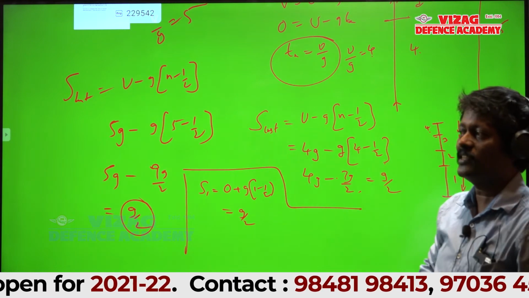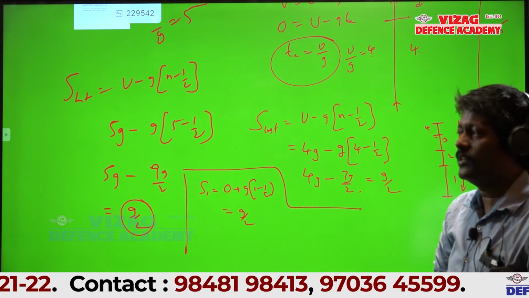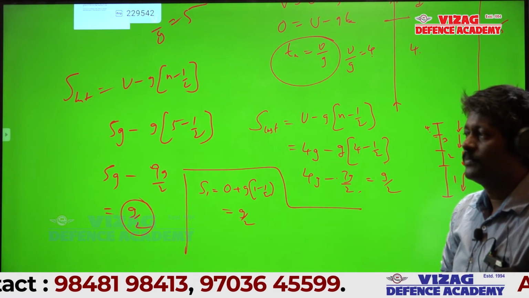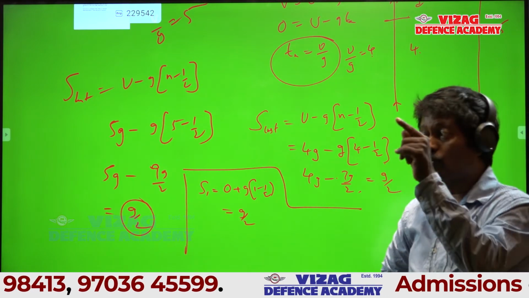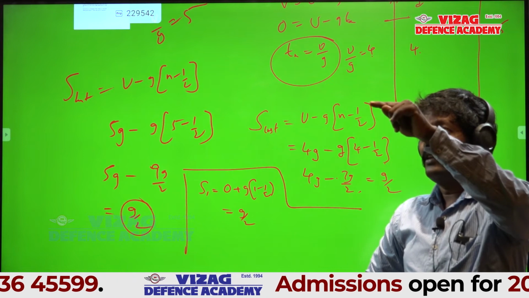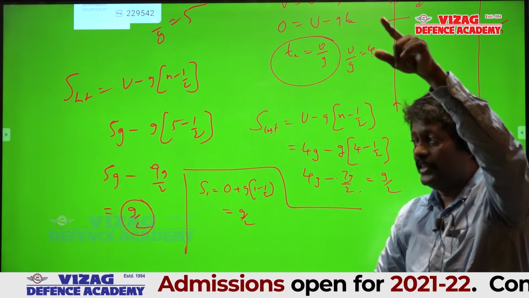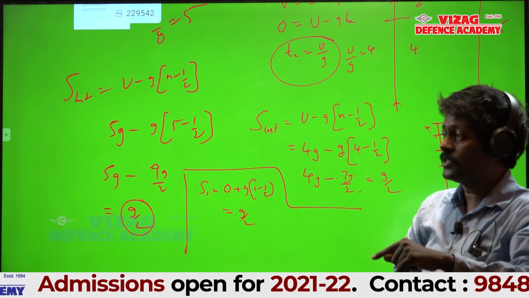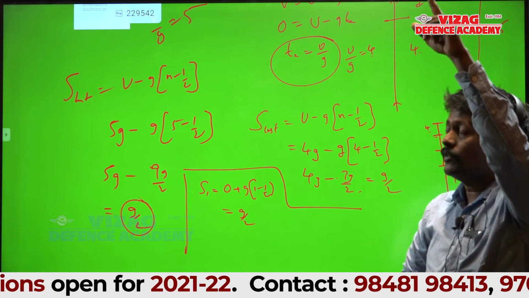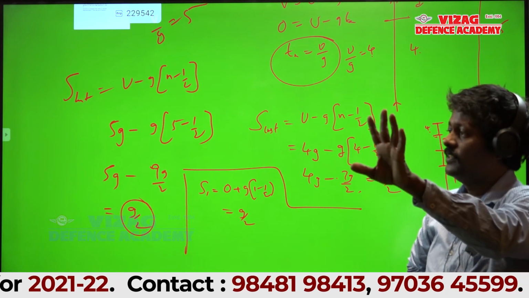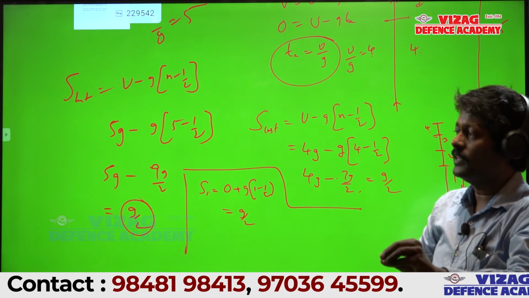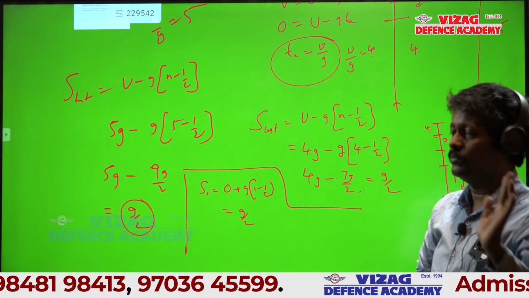So what is the answer now? g by 2. In the question, I said that in the last second of ascent it is D. If I change the velocity, in the last second of ascent, it is D only. That D is nothing but g by 2.